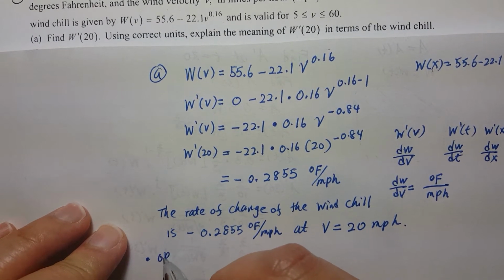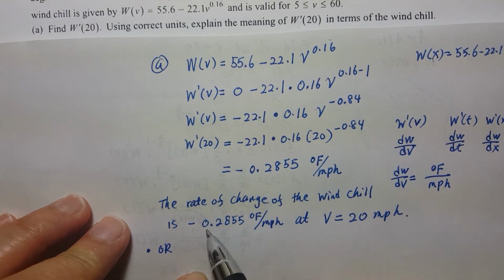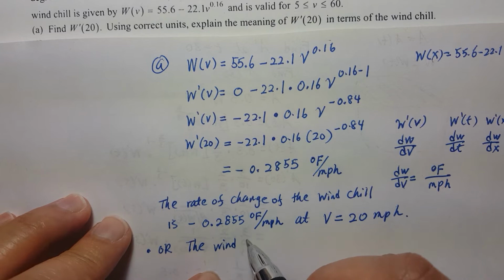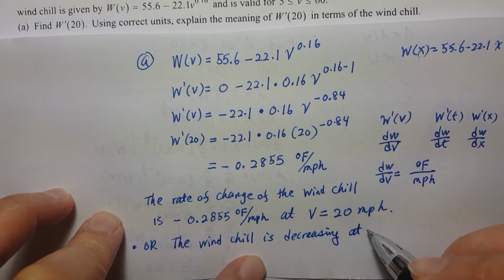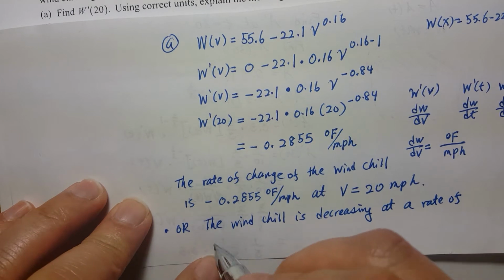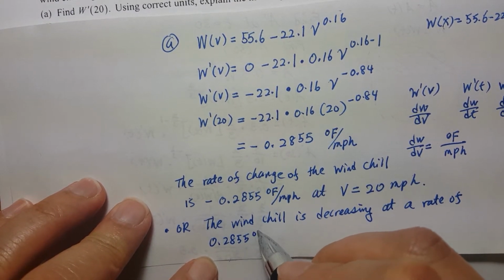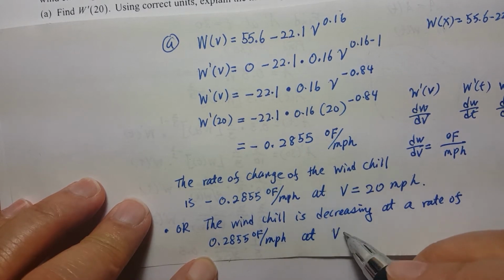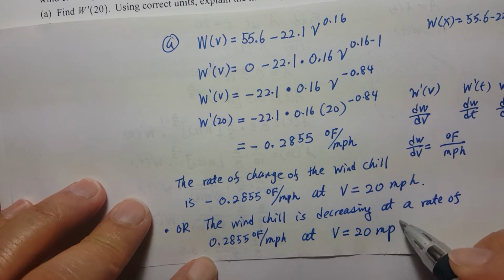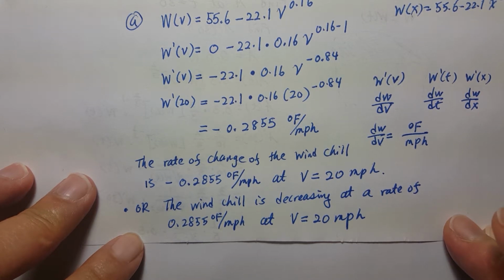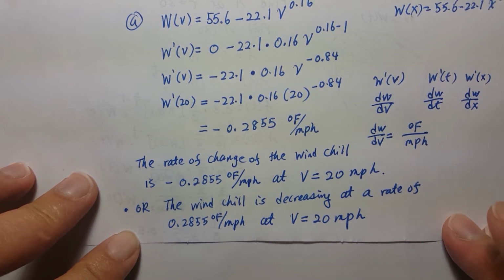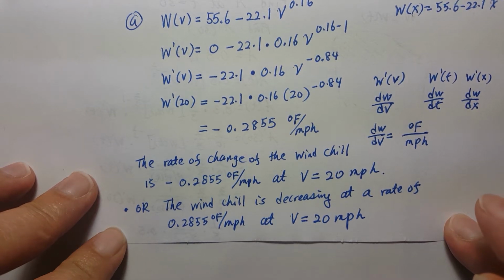You can write another one: because the slope is negative, you can say that the wind chill is decreasing at a rate of 0.2855 degrees Fahrenheit per mph at V equal to 20 mph. Okay, so we finished part A.